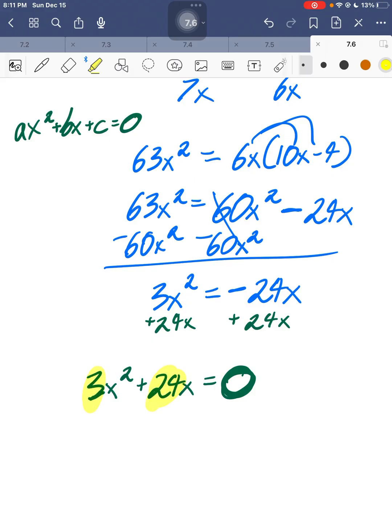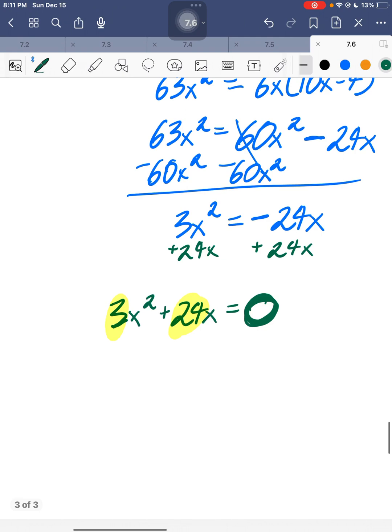What's the greatest common factor between 3 and 24? It's 3, so I'm factoring out a 3. What's the greatest common factor between x squared and x? It's just x. So I'm going to take out an x.